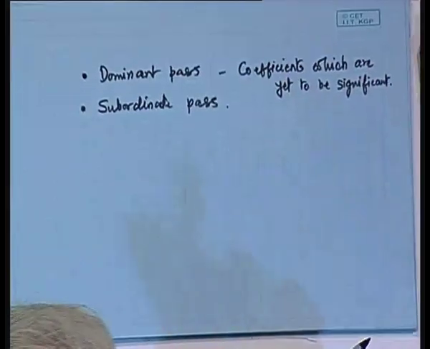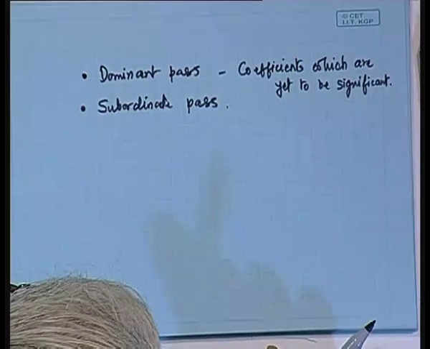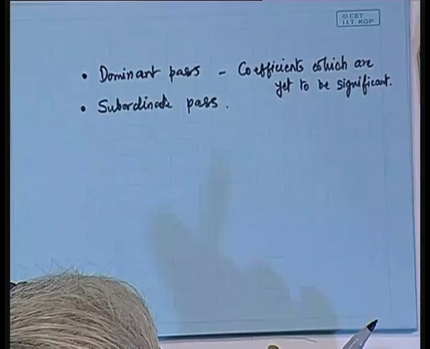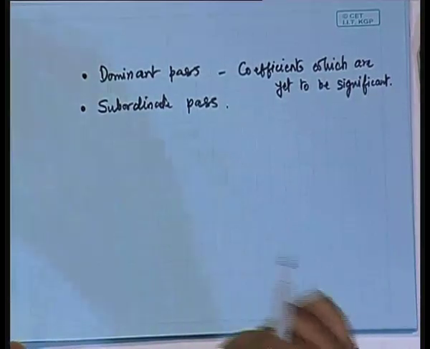So the dominant pass picks up or encodes the coefficients which are yet to be significant, that are identified and examined to be isolated zeros or zero tree roots.